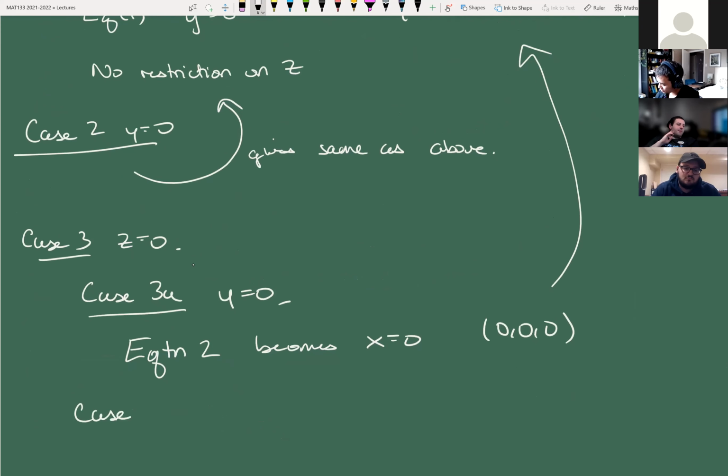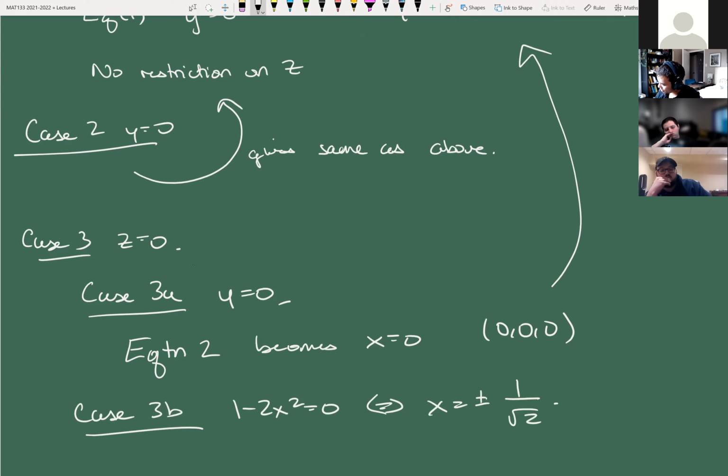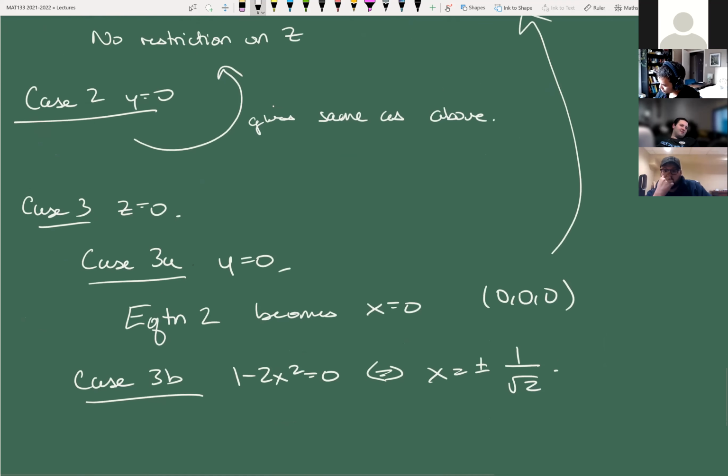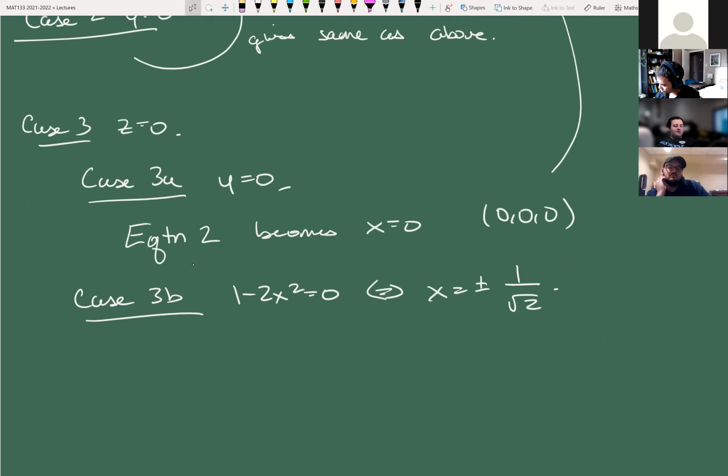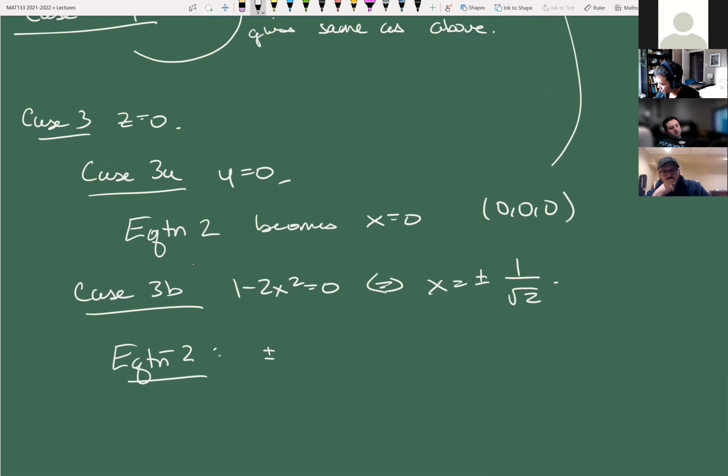So case 3b is where 1 minus 2x squared is equal to 0, i.e. x is equal to plus or minus 1 over the square root of 2. Now, if this is true, then we can plug this back into equation 2, which then becomes what? So we get plus or minus 1 over root 2 times 1 minus 2y squared is equal to 0.